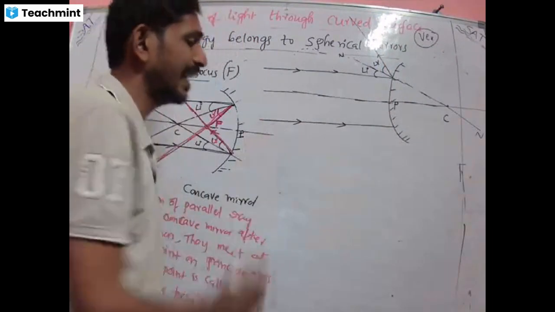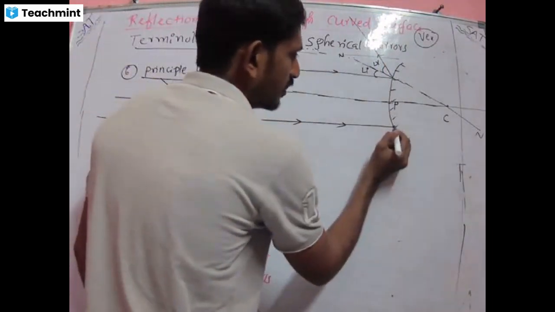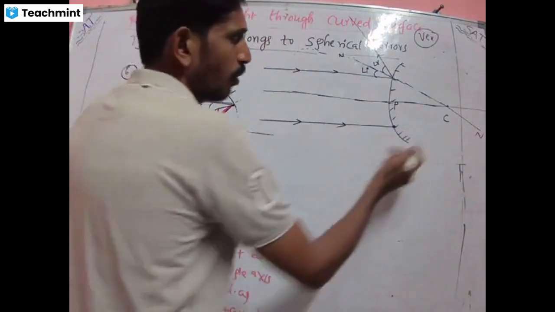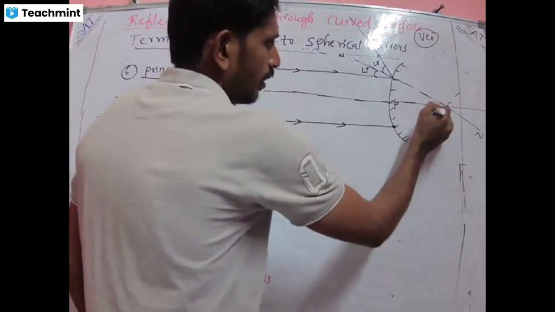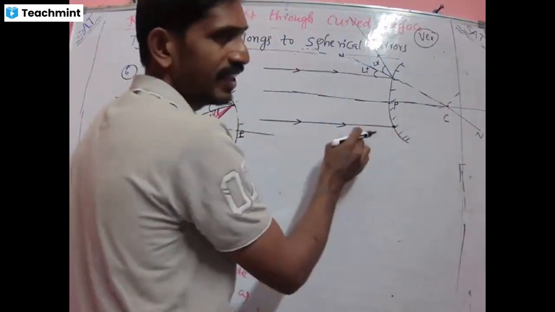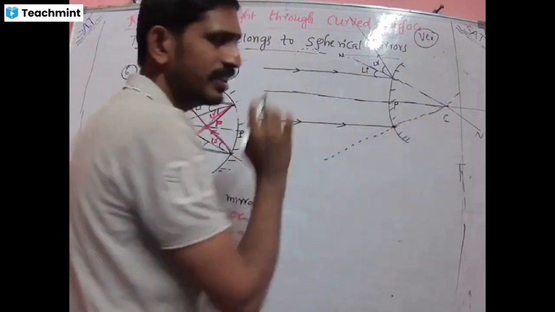Next, coming to the second incident ray. First we identify the point of incidence. This is the point of incidence for the second incident ray. Now draw the normal. How to draw the normal here? Just join the point of incidence for this incident ray and the center of curvature. This is the normal for this incident ray.